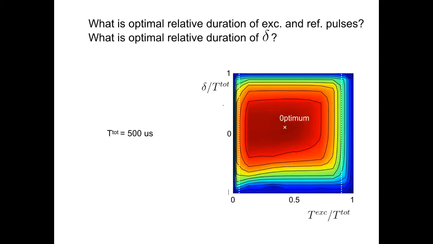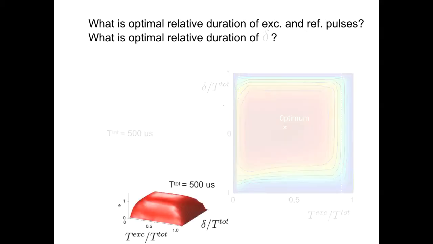It's pretty close to 0.5, a little shorter than 0.5. But it's not 2 to 1 as in the rectangular pulses. Also, it's okay to find negative deltas, but the optimum was a slightly positive delta in this case.